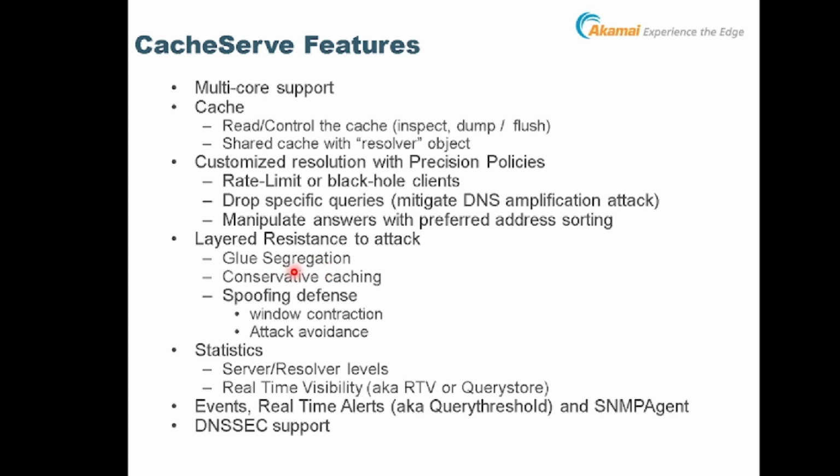So this we'll talk about later. We'll see that CACHESERVE on the surface appears to be somewhat wasteful in the sense that it throws away some information that it could use. It's conservative about what it remembers when it gets a referral.